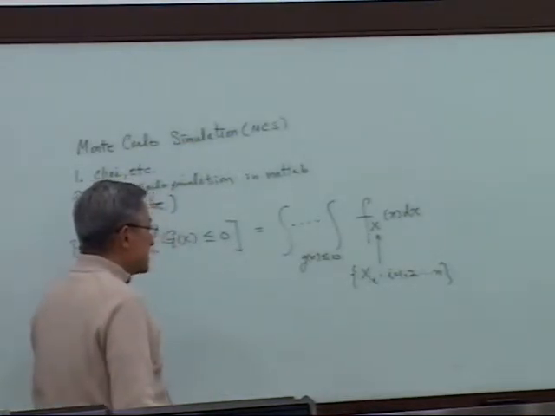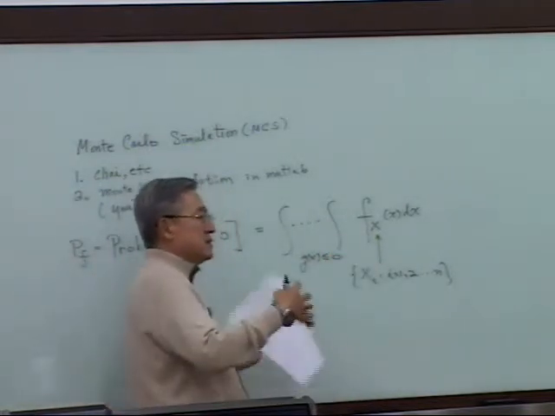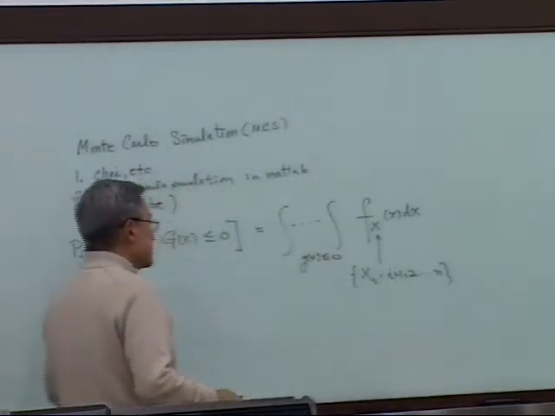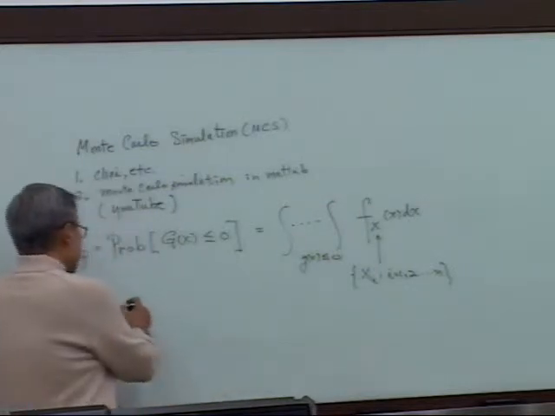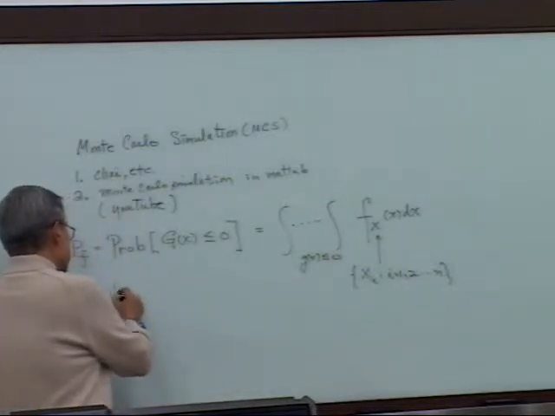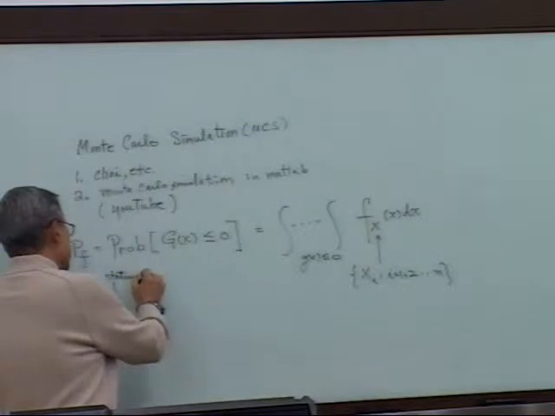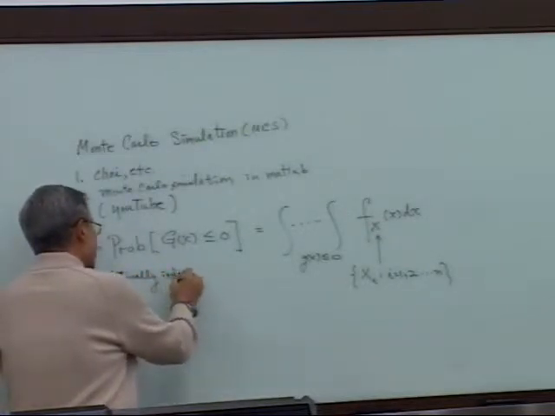Then the question arises, this is all joint probability, all tangled up together. So then we easily assume statistically independent.